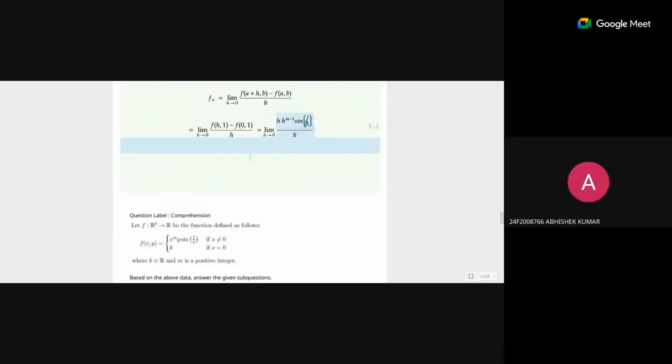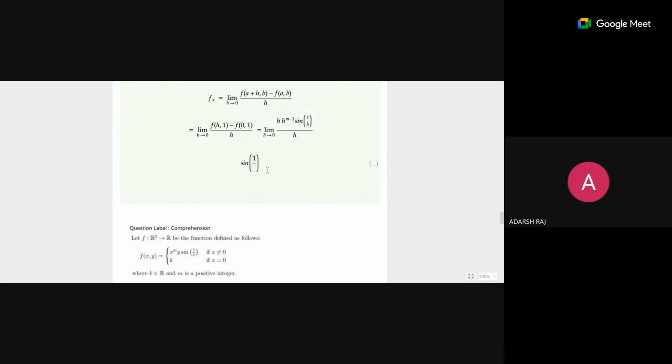And we know that the value of sin 1 by h is oscillating between what? 1 and minus 1.